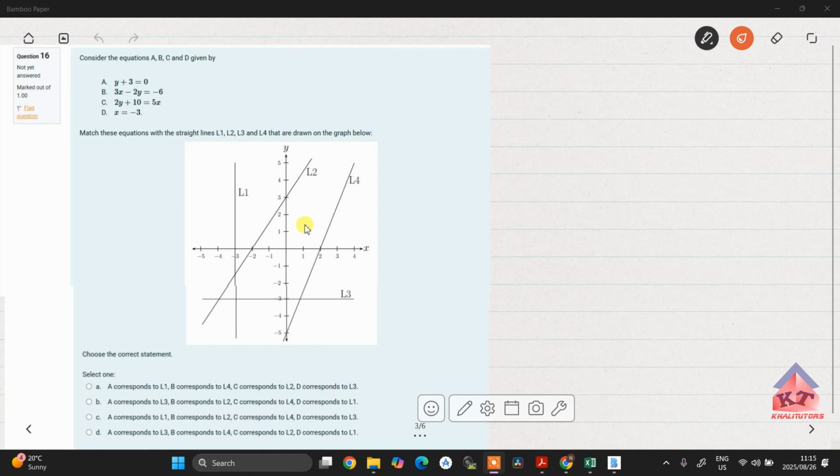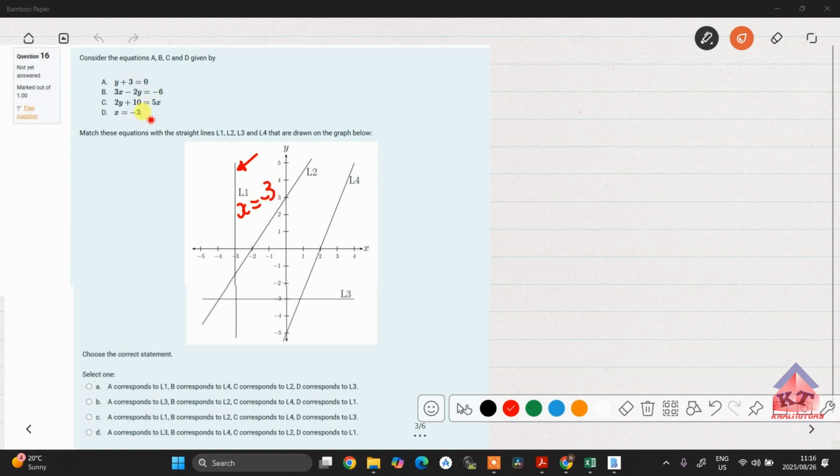The easiest way to go about doing this is to identify the vertical and horizontal lines. The vertical line is this one. If you look at this graph here, the value of x is always minus 3, so it's easy to see that the equation of this graph is x equals minus 3.